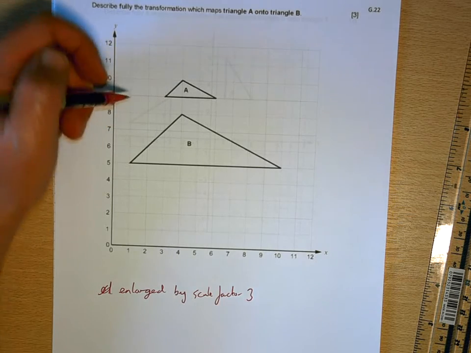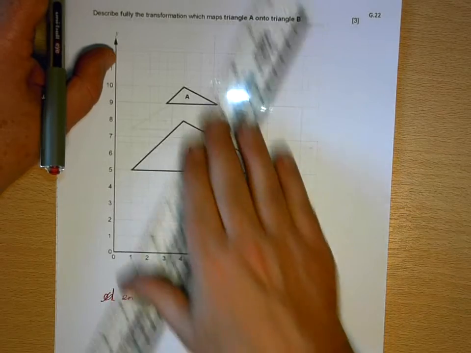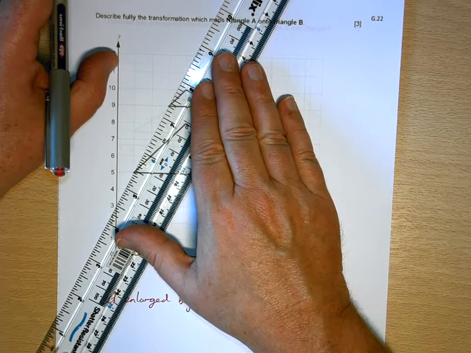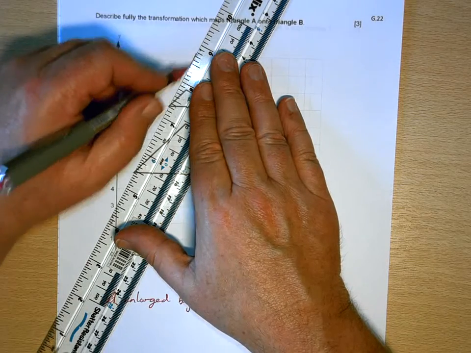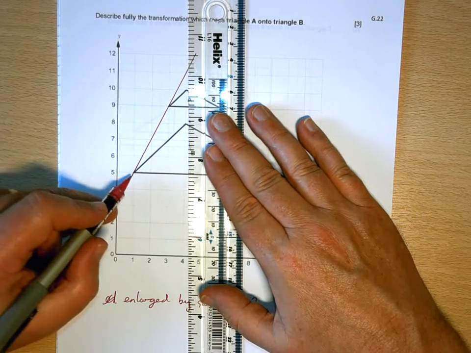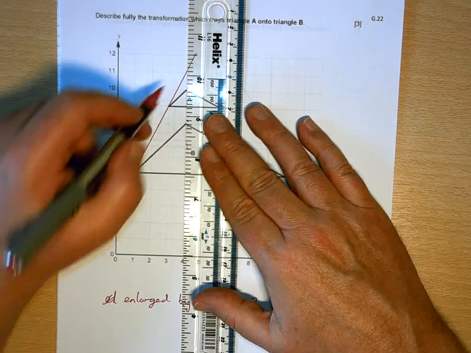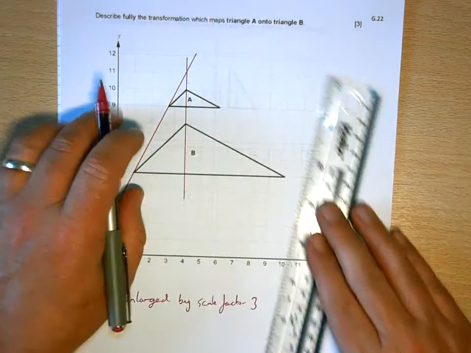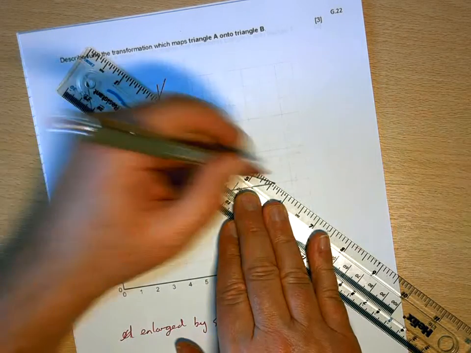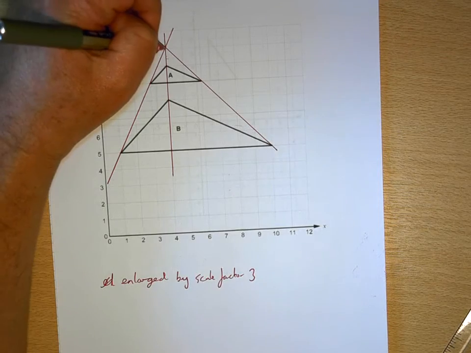And this is not easy to figure out unless you do this. So what we do to find the center of enlargement is we join all the corresponding corners together. So that one with that, one with that, one with that, and where the lines all cross is where the center is.